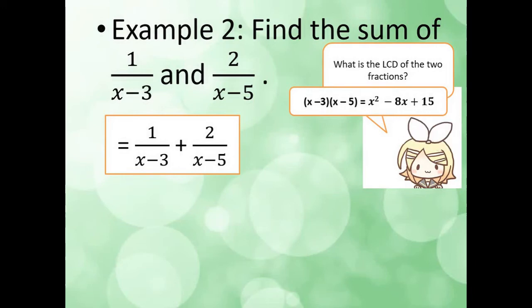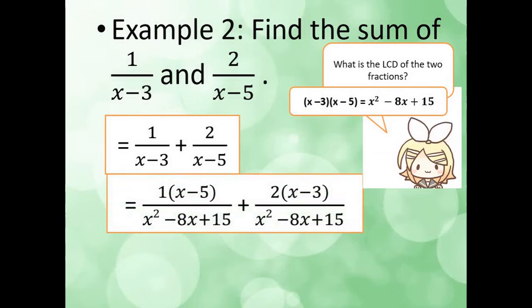x squared minus 8x plus 15 divided by x minus 3 is x minus 5, multiplied by 1. Then, another one is x squared minus 8x plus 15 divided by x minus 5 is x minus 3, then multiplied by 2.